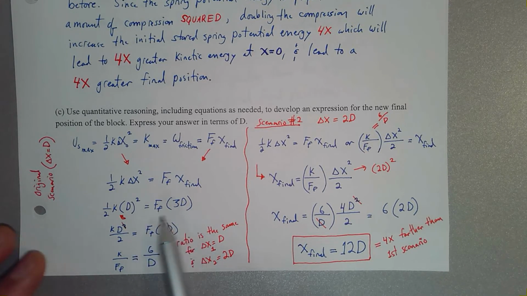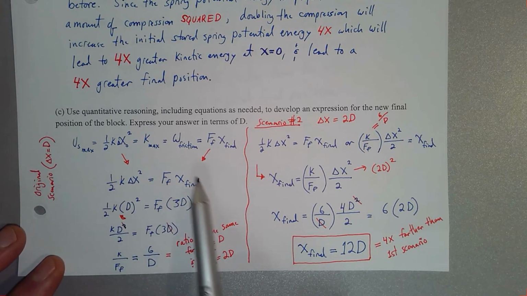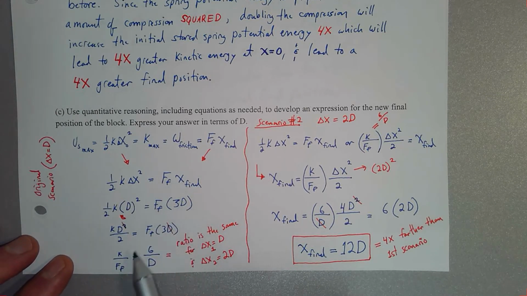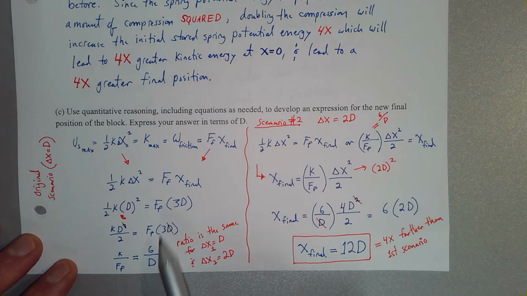So given that information and this energy conservation equation, we should be able to find an expression for the ratio of the spring constant divided by the frictional force in terms of D, right? So I just divide each side by the force of friction. Well, actually, I divided first each side by D. So D cancels out here. One of those cancels out over here.